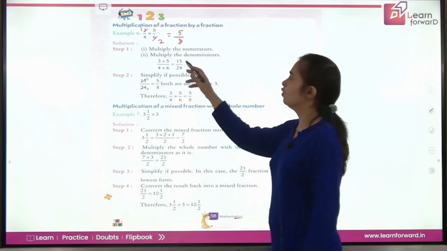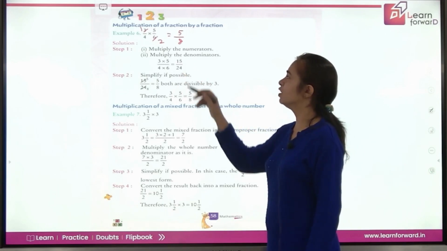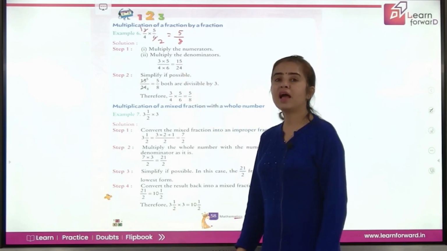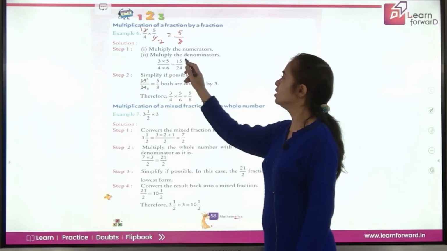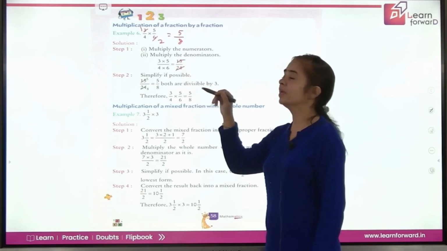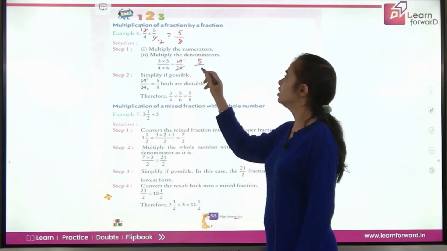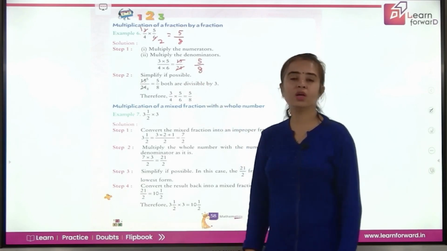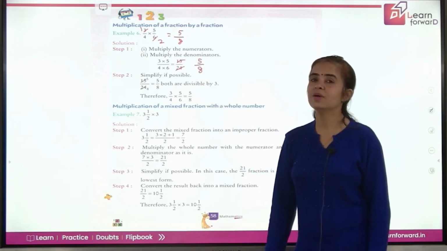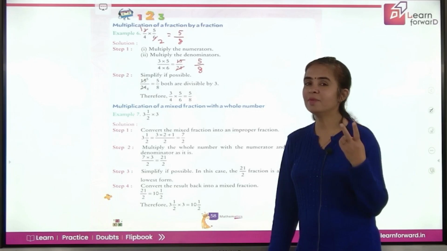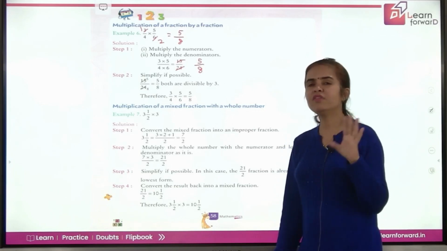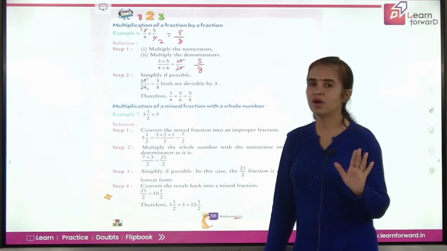Otherwise, if you first multiply, you get 15 and 24. Now you find the common factor. You see both the numbers are divisible by 3. So 3 5s are 15, 3 8s are 24. Here also you get 5 by 8. But here you are putting in double the effort, children. Go the way you want, whatever way you are comfortable.